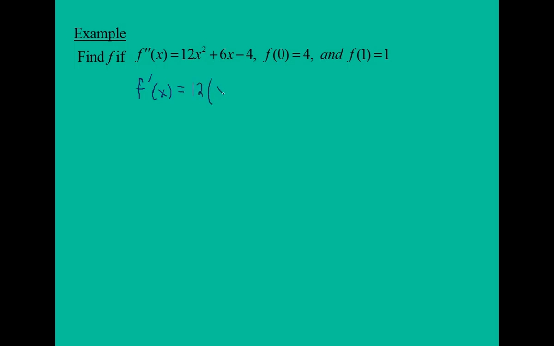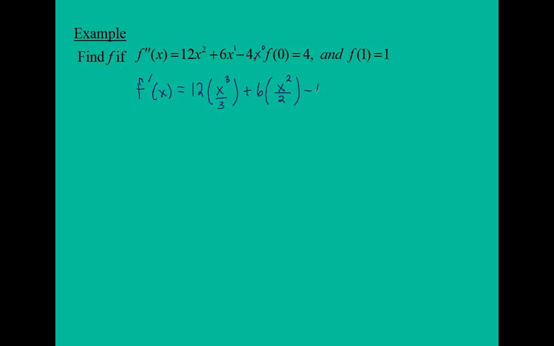Here we would add 1 to the exponent and divide by that same power, plus 6 times, now here the power is just 1, so we would add 1 to the exponent and divide by that same power. Now think about 4 as 4x to the 0 power.